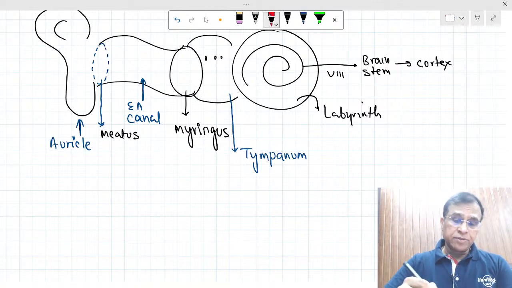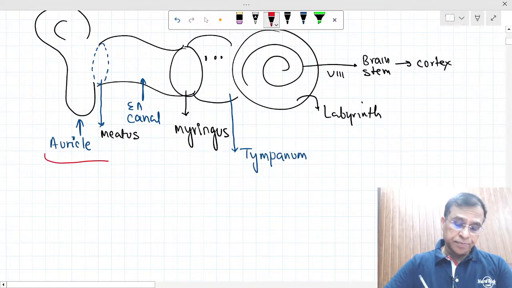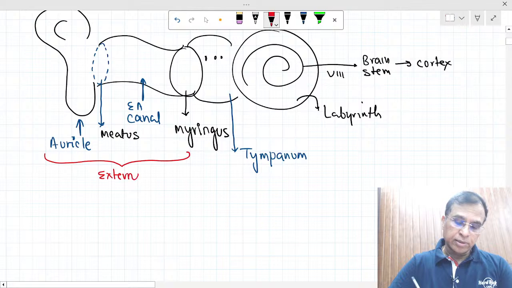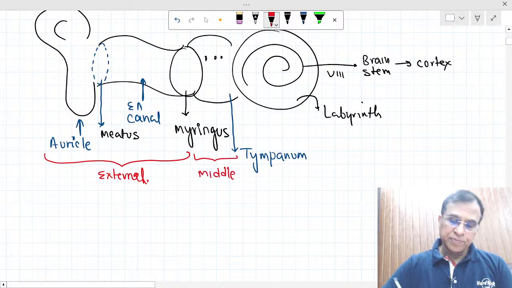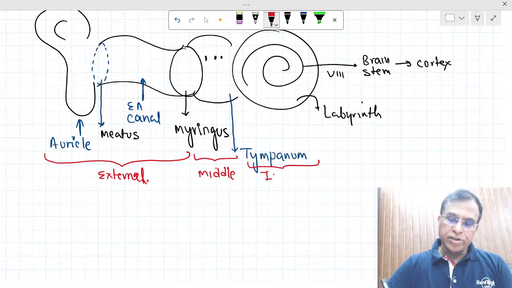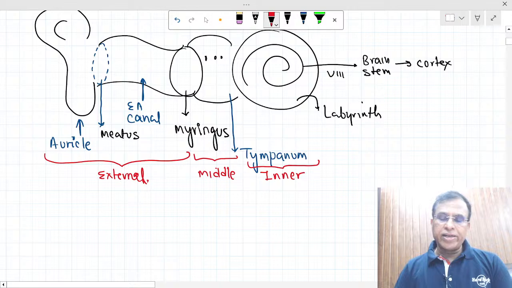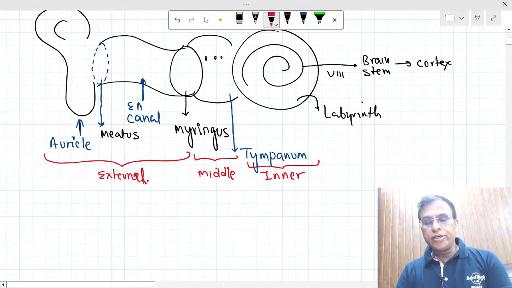Now this part from here till here is your external ear. External ear. And the small area is the middle ear. And this thing, of course, the labyrinth, is the inner ear, and this is how we divide the ear into three parts: external ear, middle ear, inner ear, right?